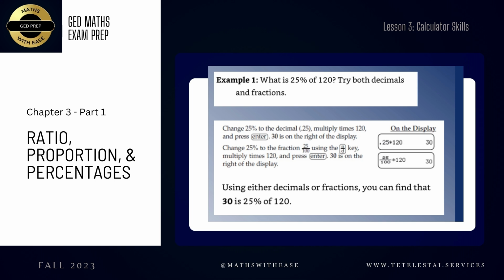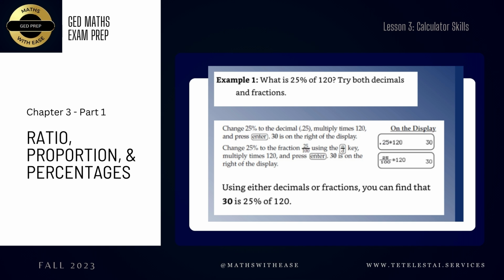So here it's telling you to try both decimals and fractions. We know that 25% in fractional form would be written as 25/100, and for its decimal equivalent, we drop the percentage sign and move the decimal point two places to the left, and we have 0.25.